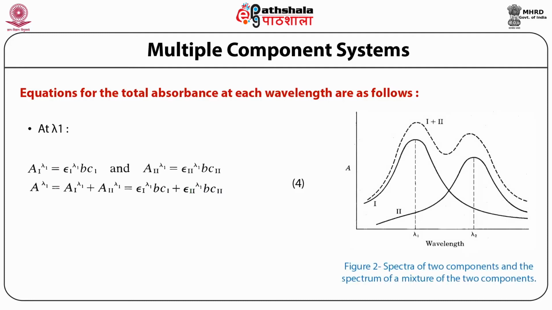Figure 2 represents the spectra of two components and the spectrum of a mixture of the two components. So as per Beer's law, the absorptivities of both species 1 and 2 are added, and after adding, we obtain equation 4.